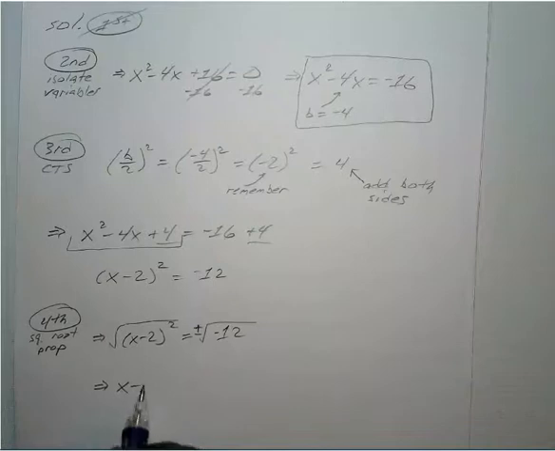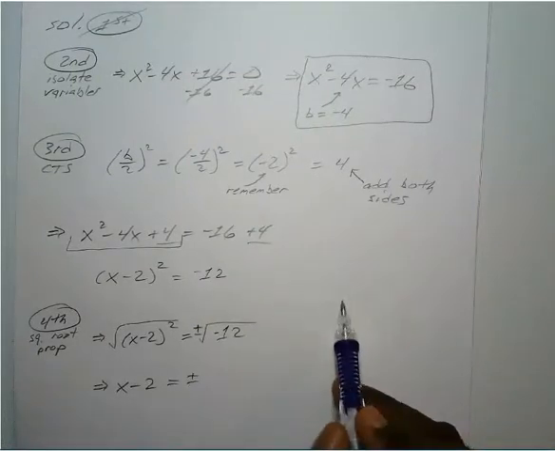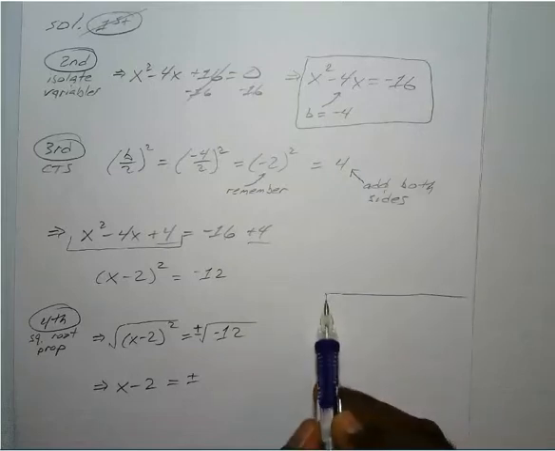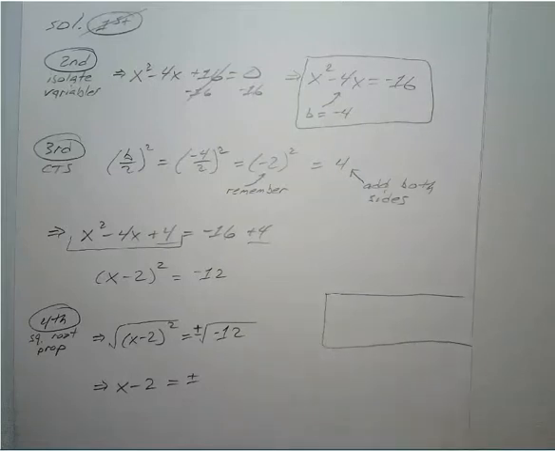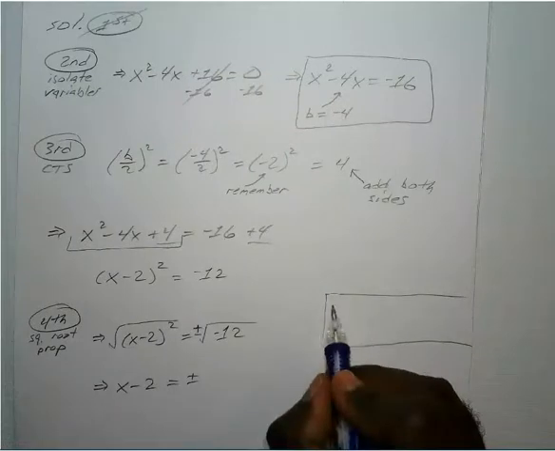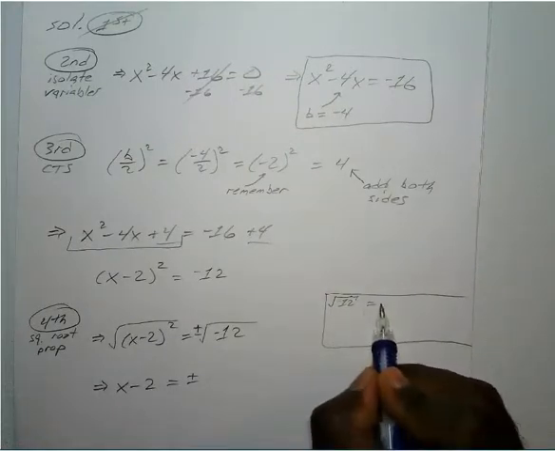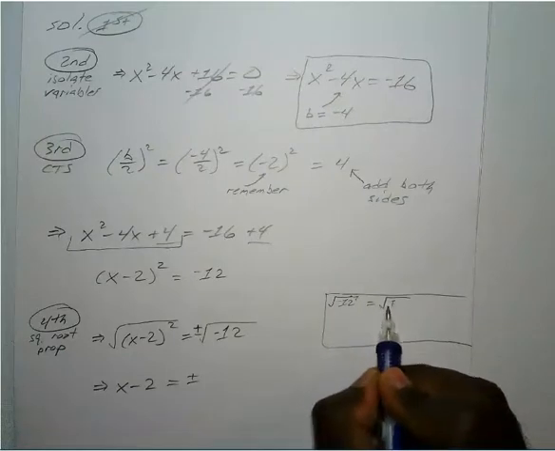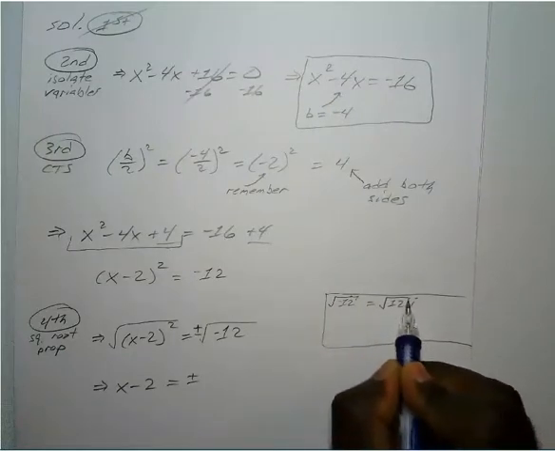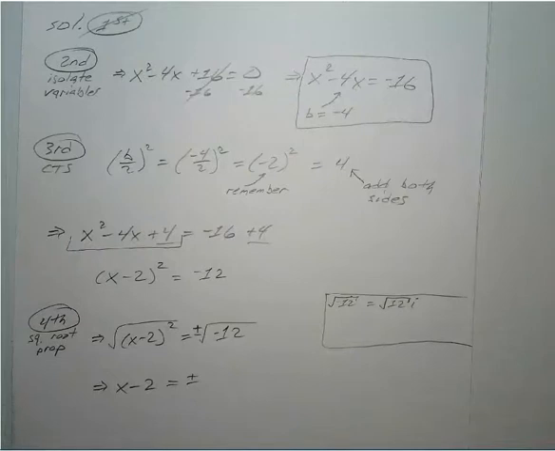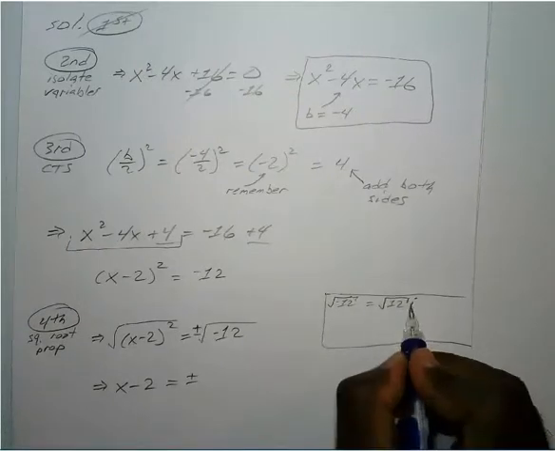So that leaves us with x minus 2 equals plus or minus the square root of negative 12, and that has a perfect square in it, so you can reduce that one. So the square root of negative 12, we know that can become square root of 12i. Remember, the complex numbers.